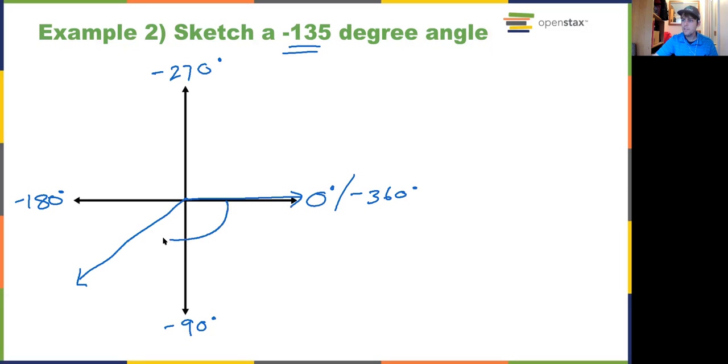So negative 135 degrees. I'm using a lot of things that I already know, but right in here is a 45-degree angle. And then this right here is a 90. And those together add up to my 135, right? That's how I'm getting there. This is our initial side. This is our terminal side.